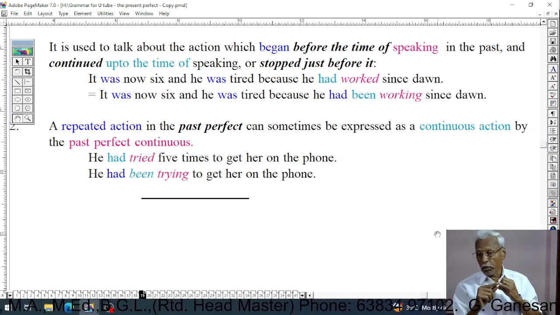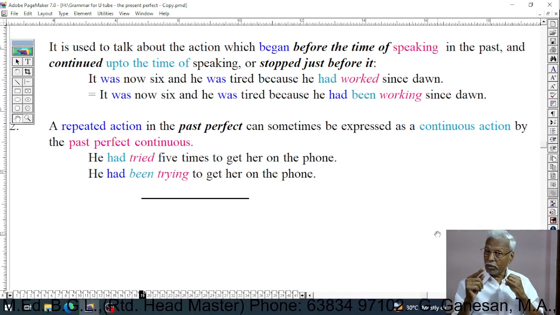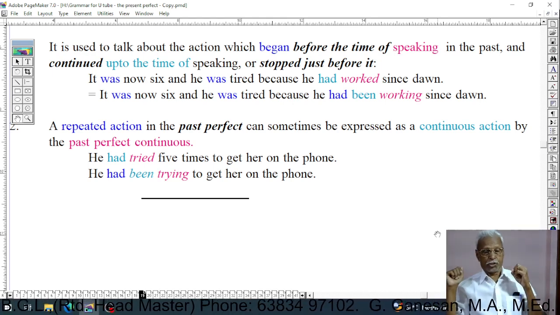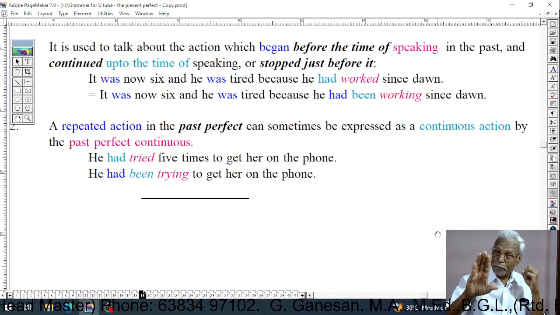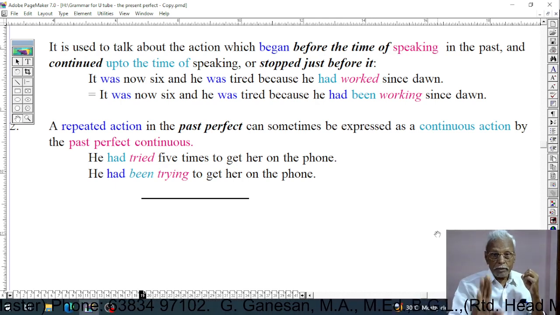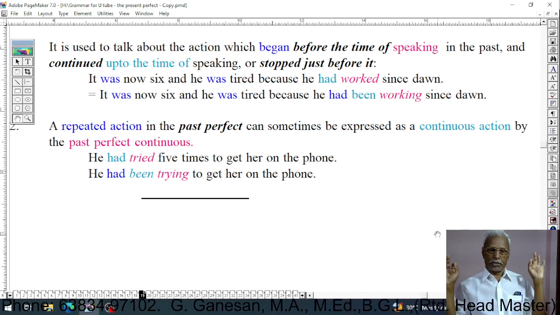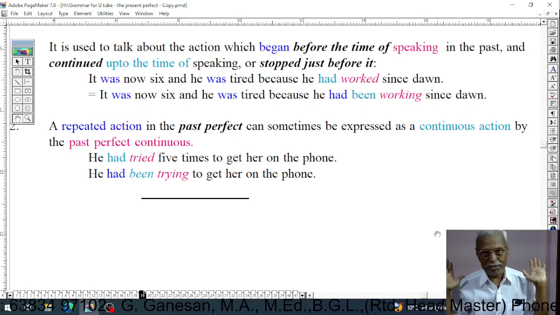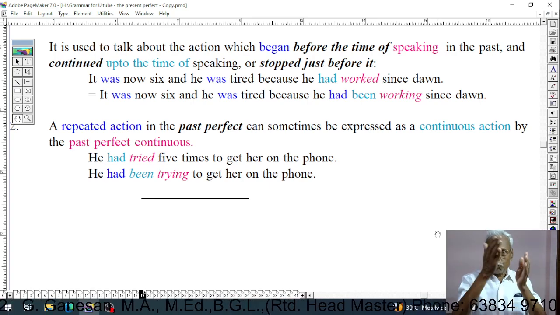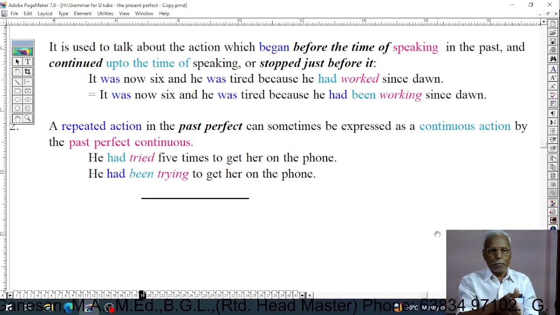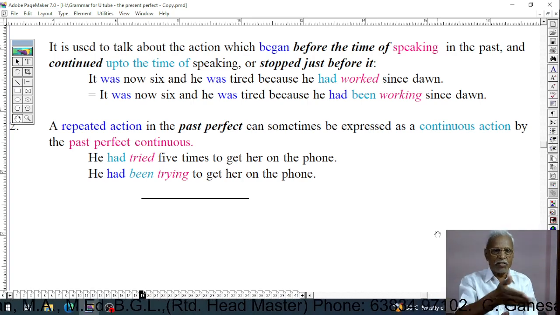So when an action happened repeatedly in the past, that action can be expressed using either simple perfect or continuous perfect. As it happened in the past, we have to use either past perfect or past perfect continuous.